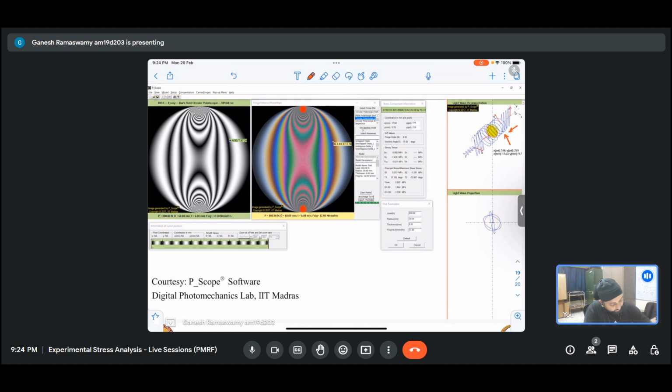Once we have the crossed quarter wave plate, the light is converted back to linearly polarized light. Since my analyzer is at some angle, and this is also a function of the retardation brought about by the model, at this specific point I'm able to see that some light is getting transmitted, which implies that this is a function of retardation. So these show the isochromatic fringes.